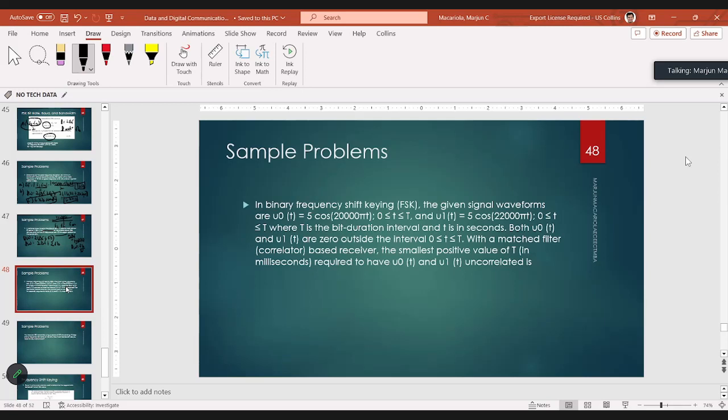Both u sub 0 of t and u sub 1 of t are 0 outside the interval t greater than or equal to 0 but less than or equal to T. With a matched filter correlator based receiver, the smallest positive value of T in milliseconds required to have u sub 0 of t and u sub 1 of t uncorrelated is.